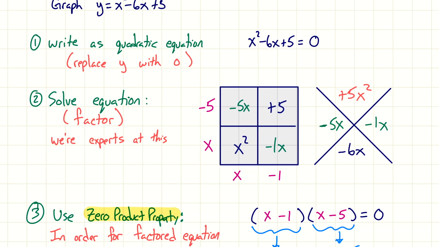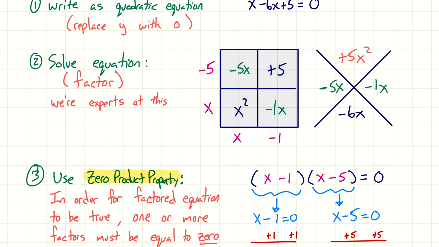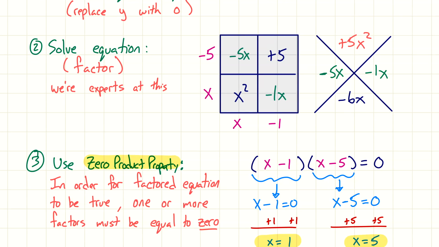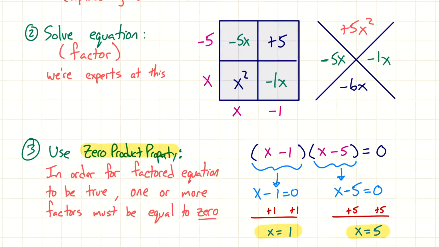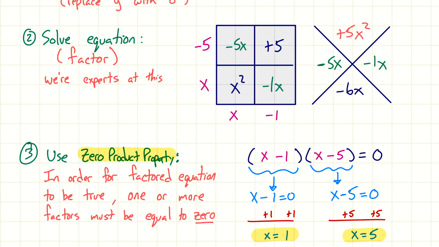The third part is actually what this lesson is focused on, and this is what we call the zero product property. Once we factored it, this is what we call factored form.